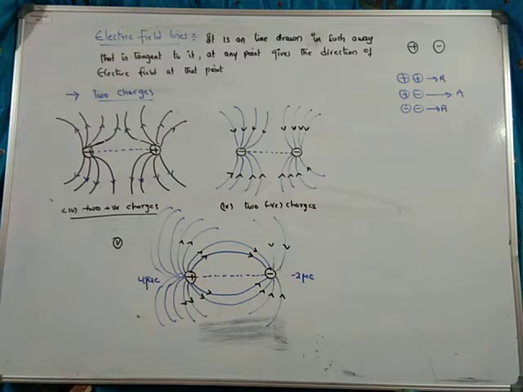So field lines means whenever we consider a positive charge, it will radiate in the outward direction. Whenever we consider a negative point charge, it will be an inward direction. And next, two charges we consider: positive means there is repulsion, so there is no attraction, and negative means there is repulsion, no attraction. And in the last one, we have both positive and negative charges, so one moves in the outward direction and the other moves in the inward direction.